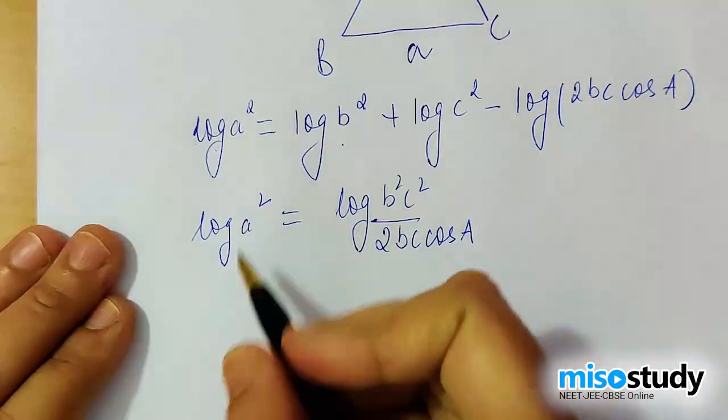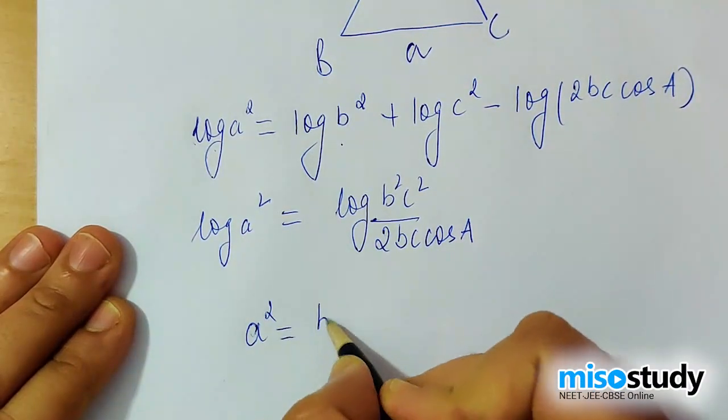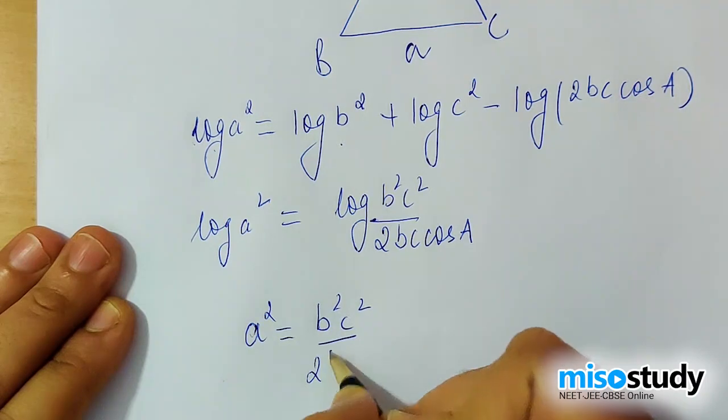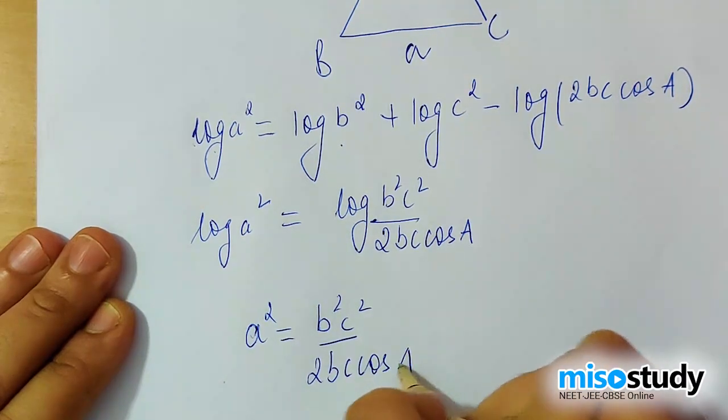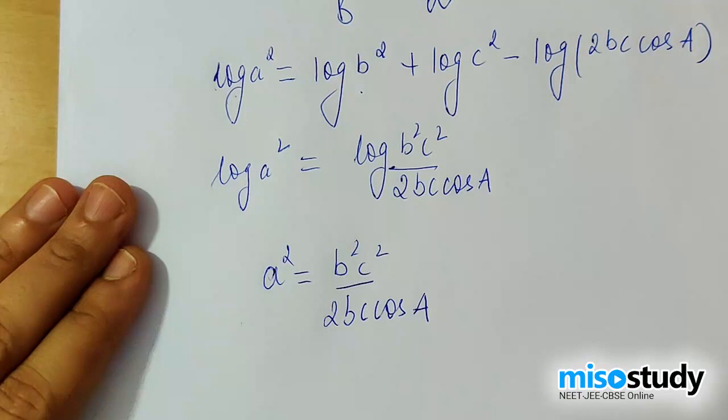So taking the entire log off, you will have a square is equal to b square c square upon 2bc cos of angle A. I hope you are very clear with this.